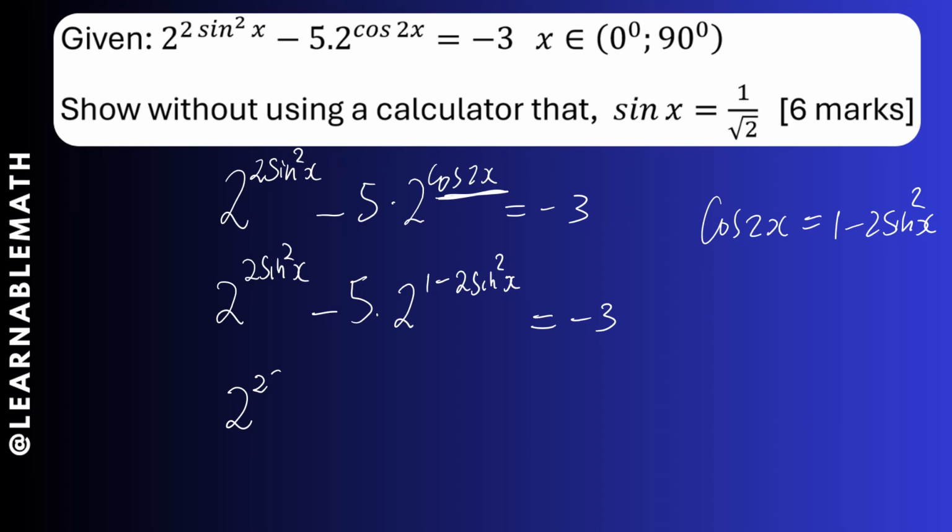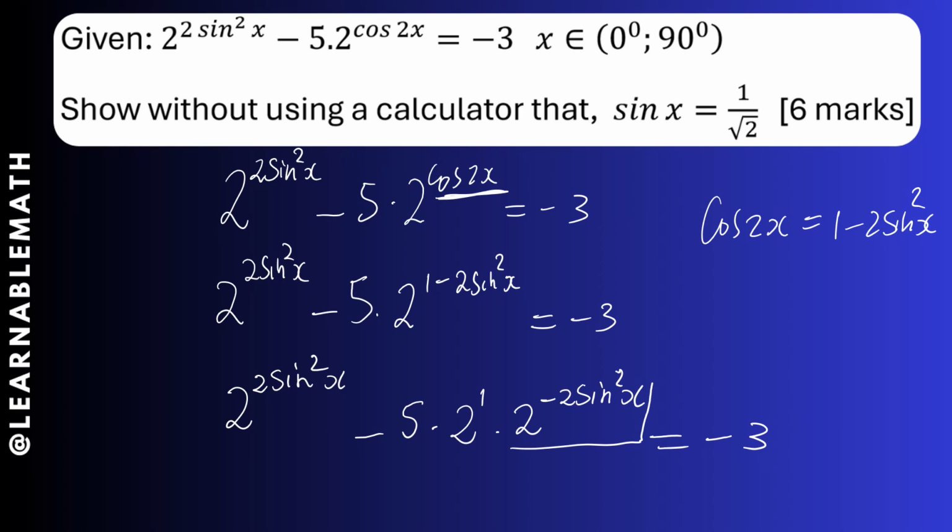So it's 2 exponent 2 sine squared x minus 5 times 2 exponent 1, I'm breaking this into its powers of the same base, times 2 exponent minus 2 sine squared x. Can you see? Is equal to what?